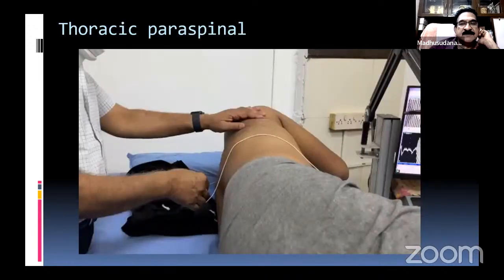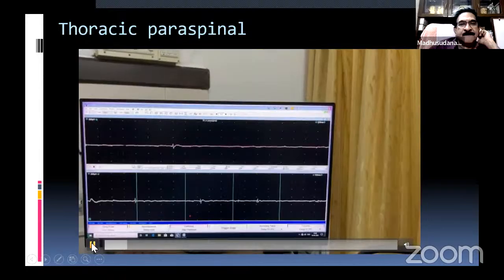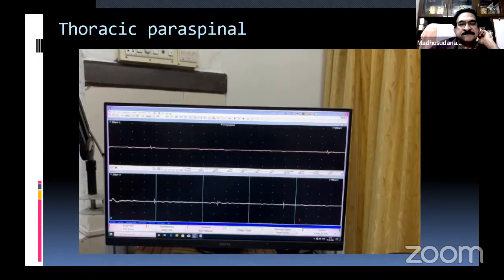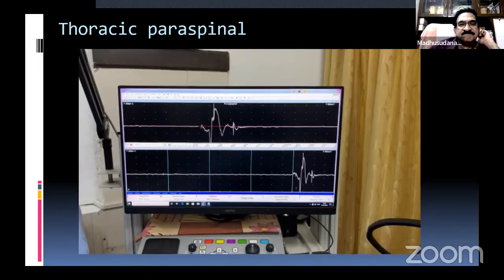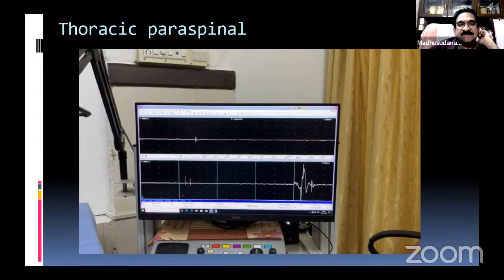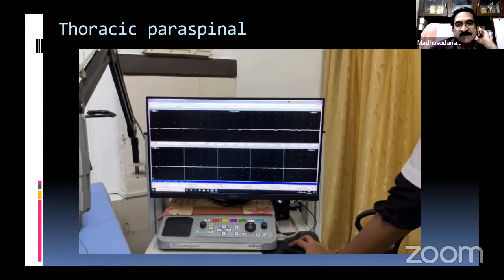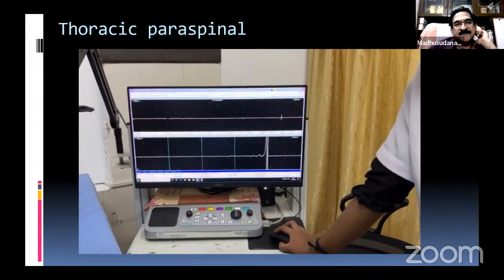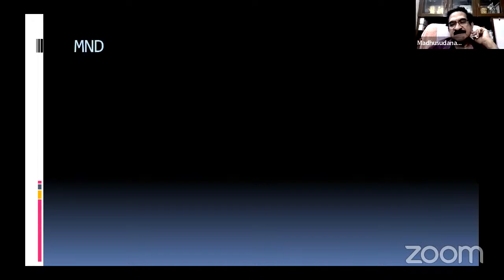Then I did a paraspinal, thoracic paraspinal. Again, fine fasciculations. So it's a case of motor neuron disease or a Mann-Kerr study.